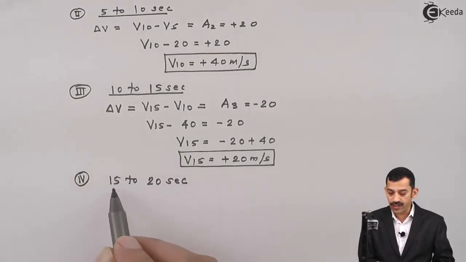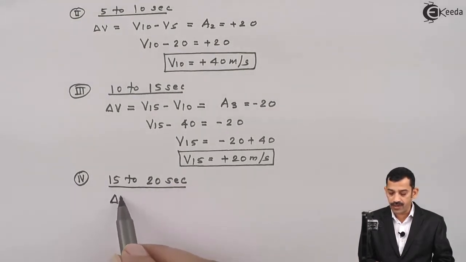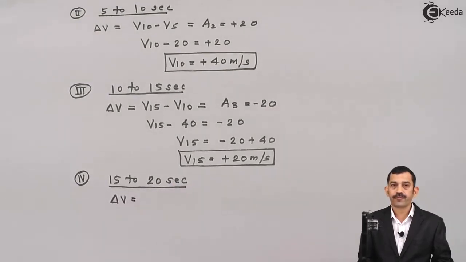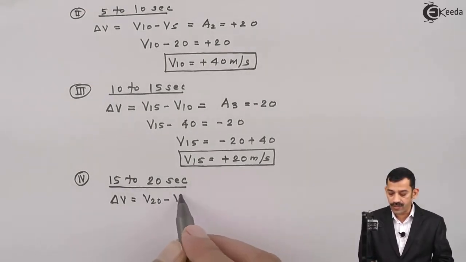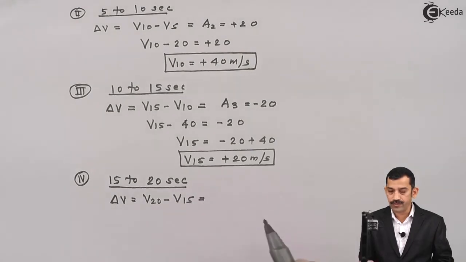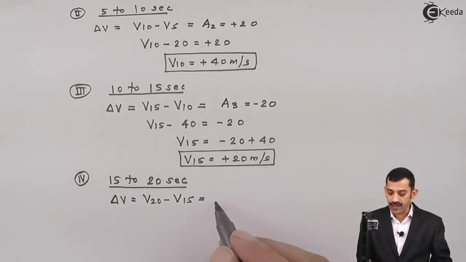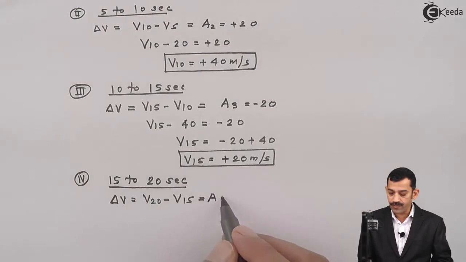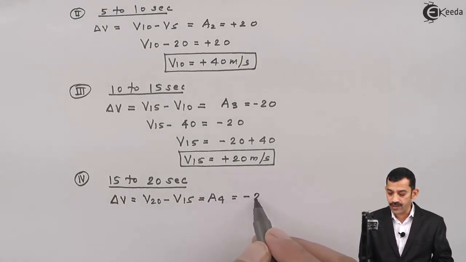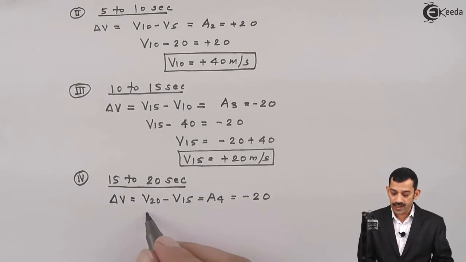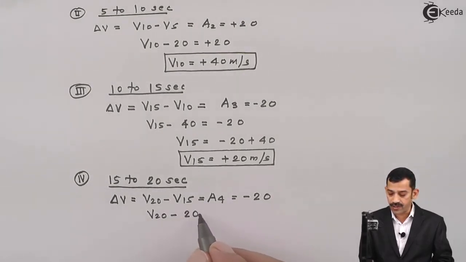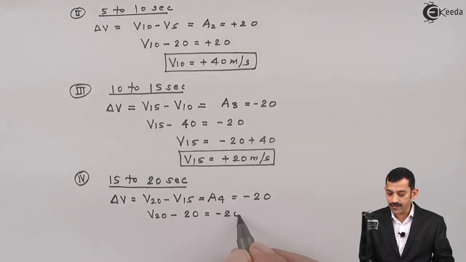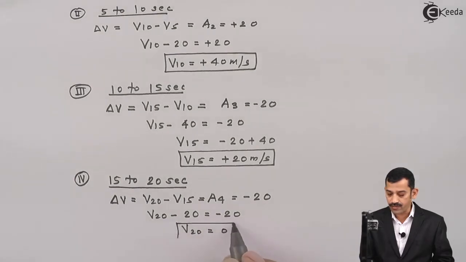Now from 15 to 20 seconds, again delta V is equal to final, meaning at 20 seconds, minus initial, meaning at 15 seconds, equal to the area under the AT diagram, which is negative, that one is A4, and we already calculated this one comes out to be minus 20. That means V20 minus V15, which is 20 meters per second, equals minus 20. That means velocity at 20 seconds comes out to be 0 meters per second.